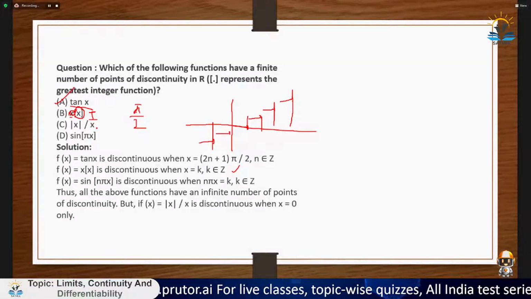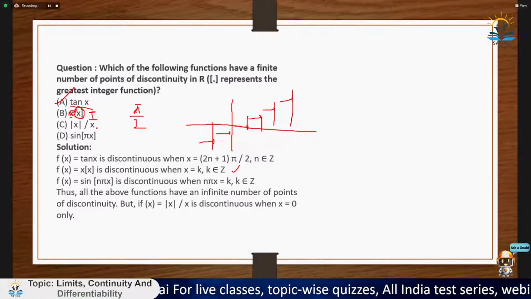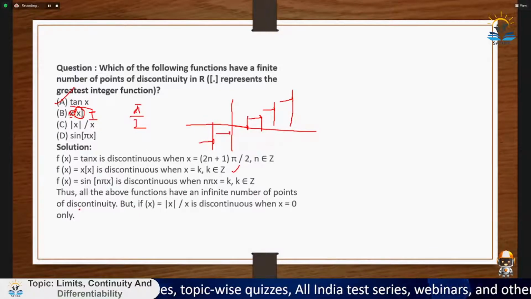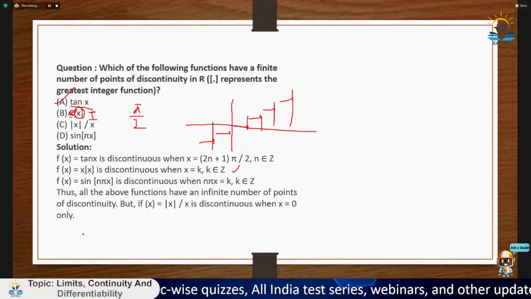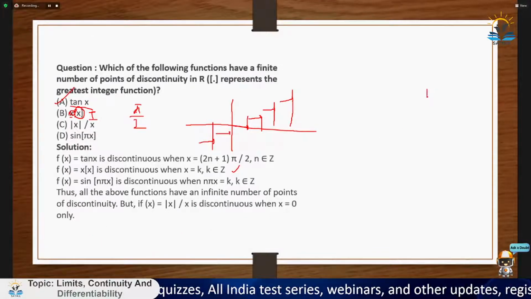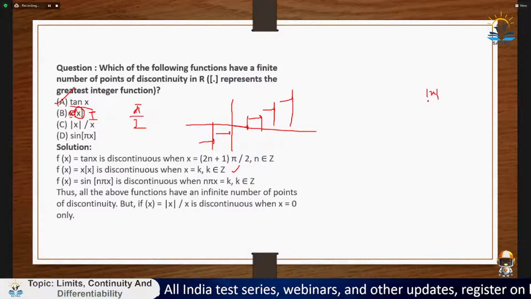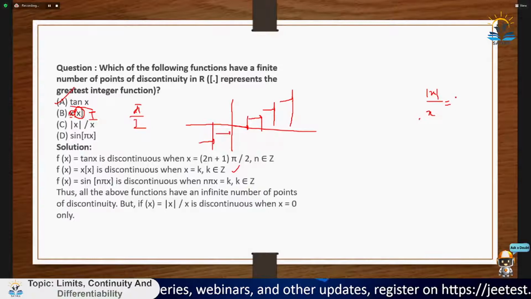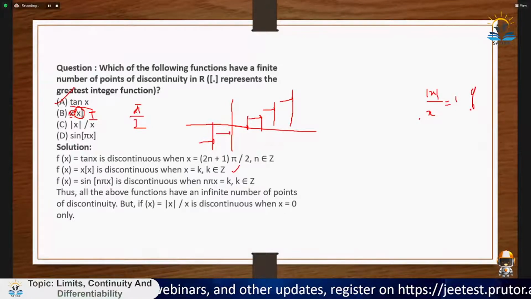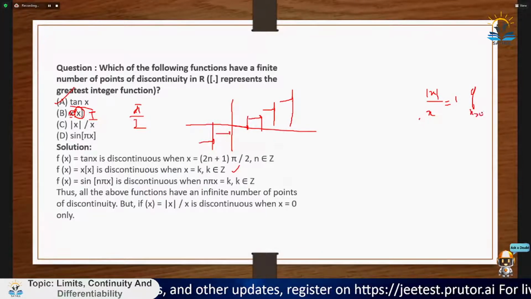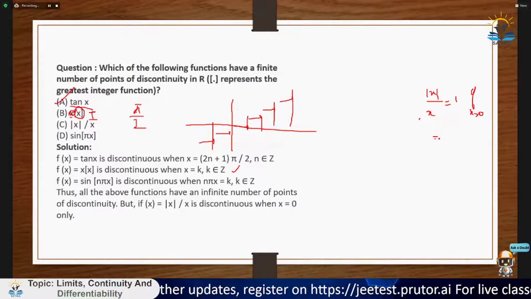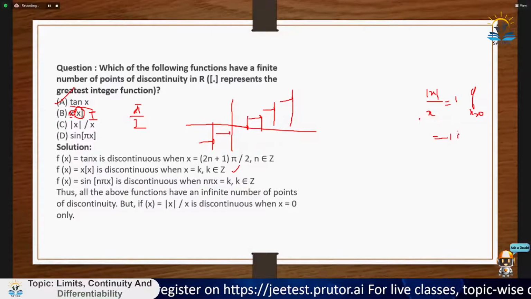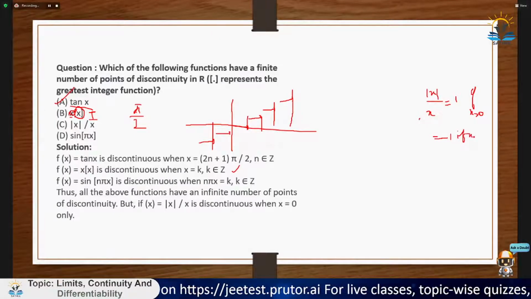My all the above functions have an infinite number of points of discontinuity, but mod x by x is discontinuous when x is equal to 0 only, because mod x by x is equal to 1 if x is greater than 0, and this will be equal to -1 if x is less than 0.